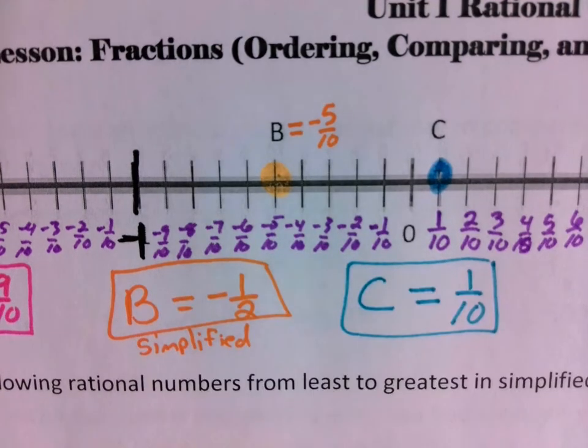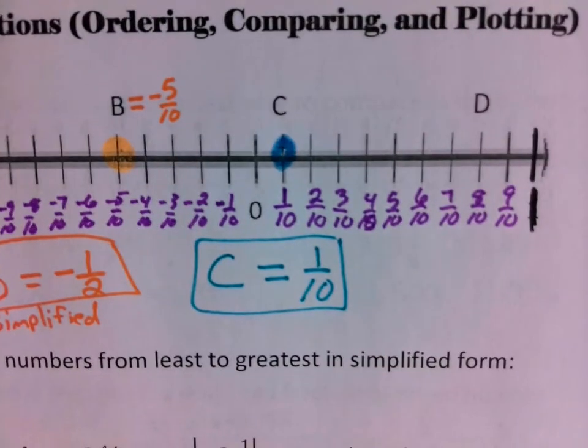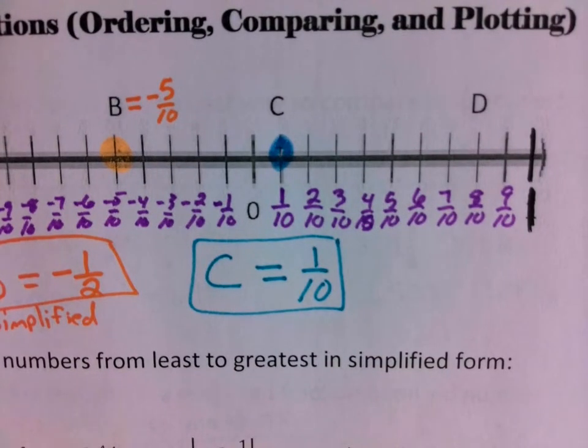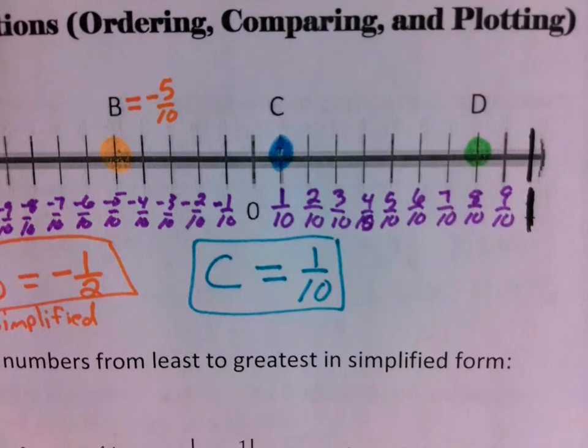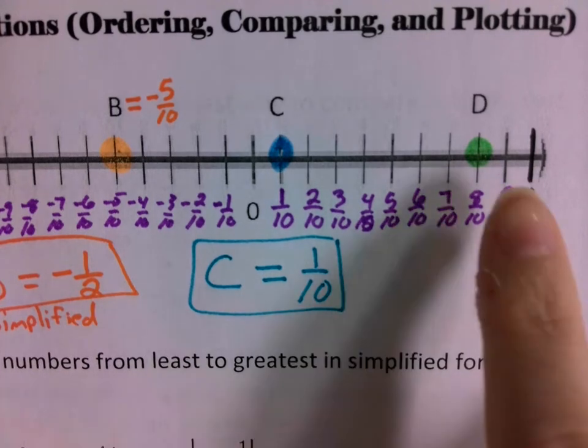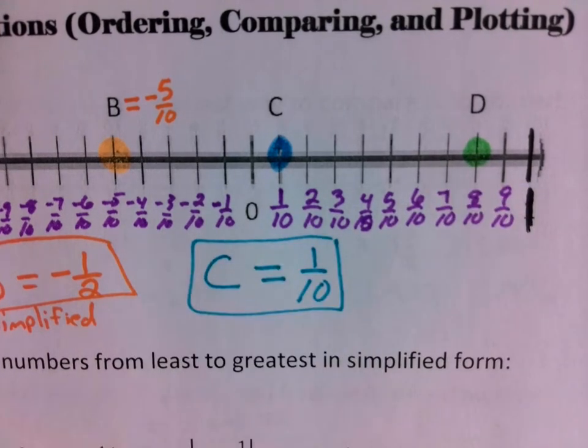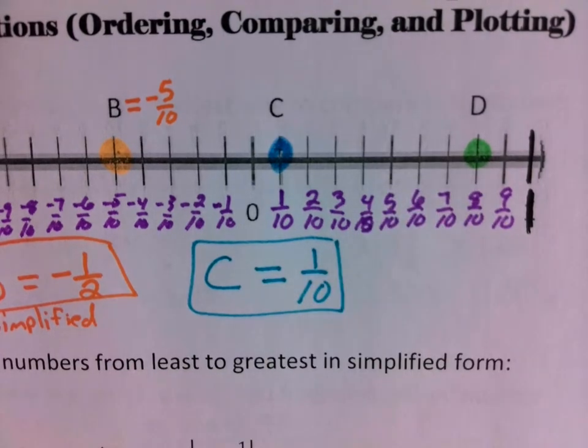Okay, let's go to our last one. D. D is located right here. William, did we pass a whole number mark for D? No, so we will not have a whole number value for D. What fraction value is D?